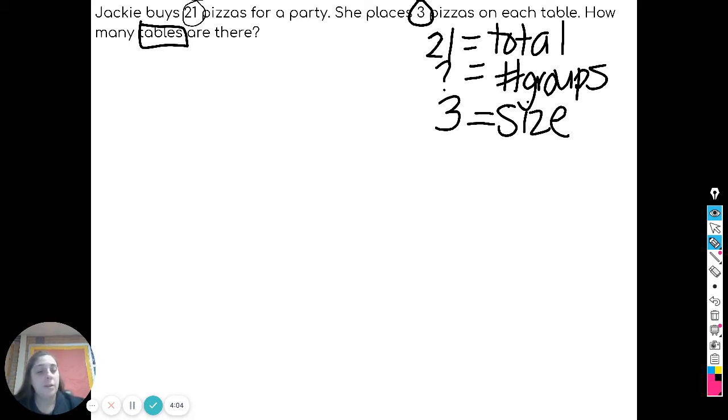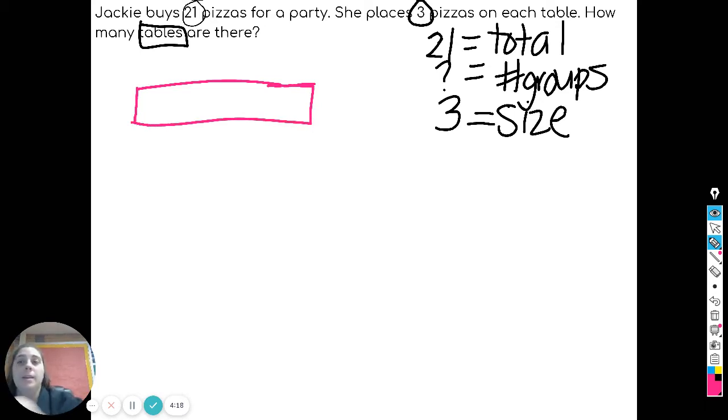So let's go ahead and draw something to help us answer this. The one thing we've been practicing is making tape diagrams. So I'm going to make a tape diagram. Okay, I know the size of each piece is 3.